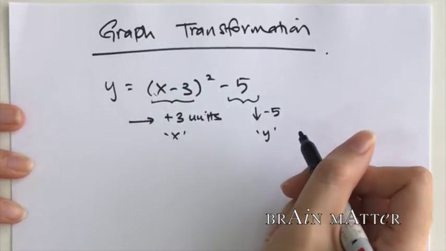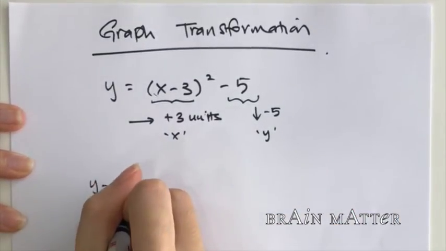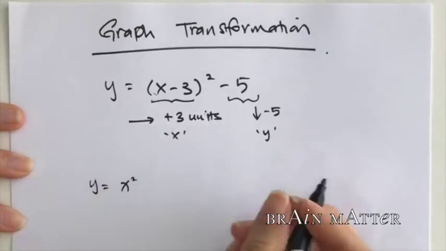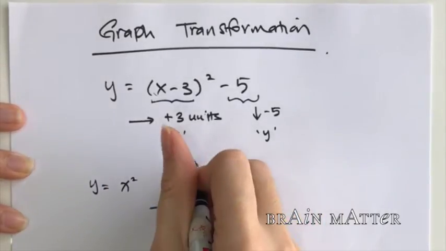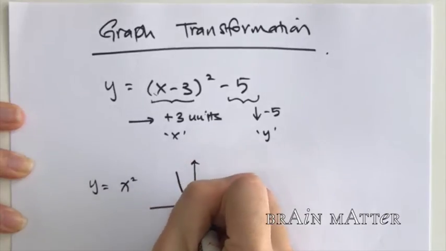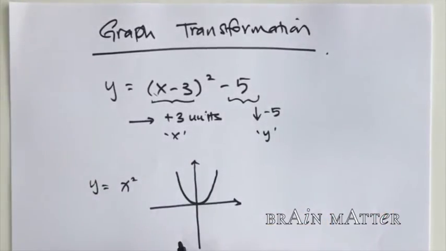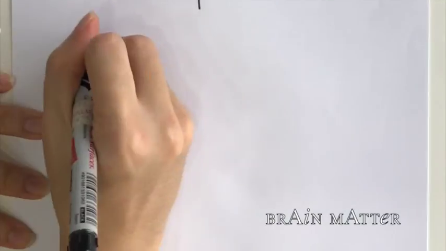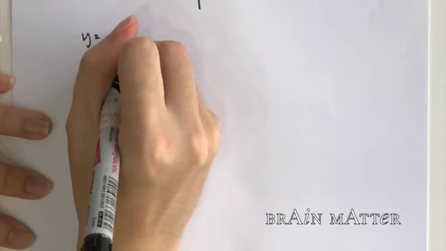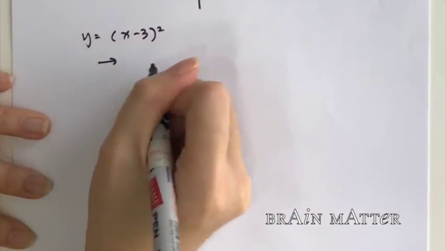So for graph transformation, we will always need to start off with y equals x squared. So we will first shift the graph in the x direction. Okay, remember it's to the right.